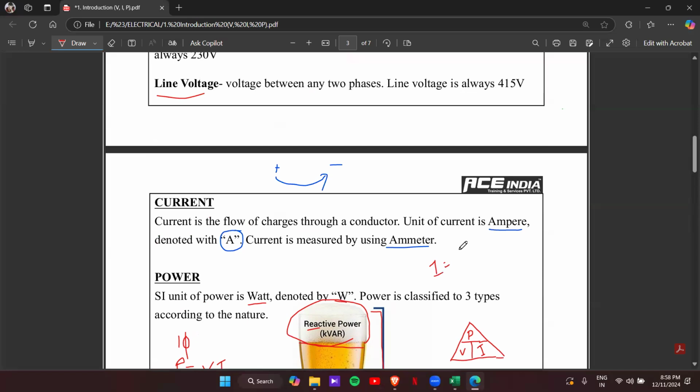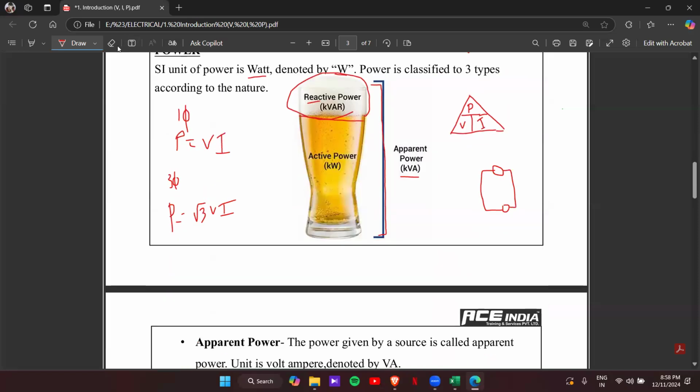I is equal to P divided by V, that is power by voltage, for single phase connection. For three phase, it will be I is equal to P by root 3 V. So this will be the equation for three phase connection.